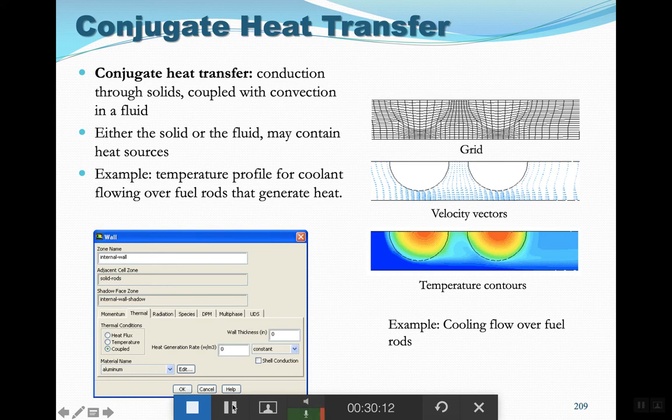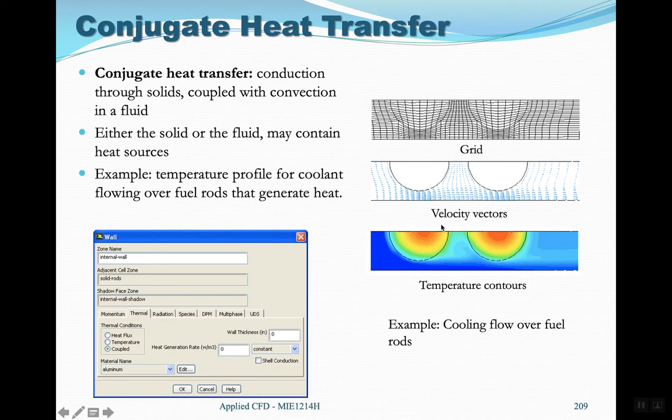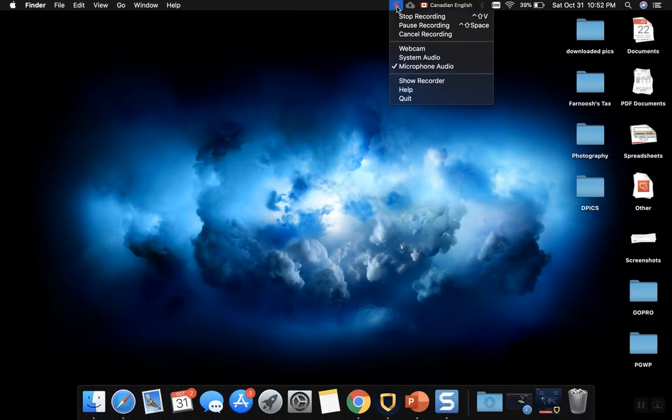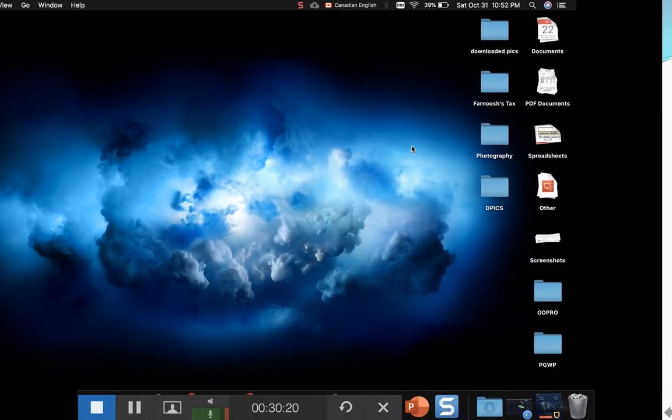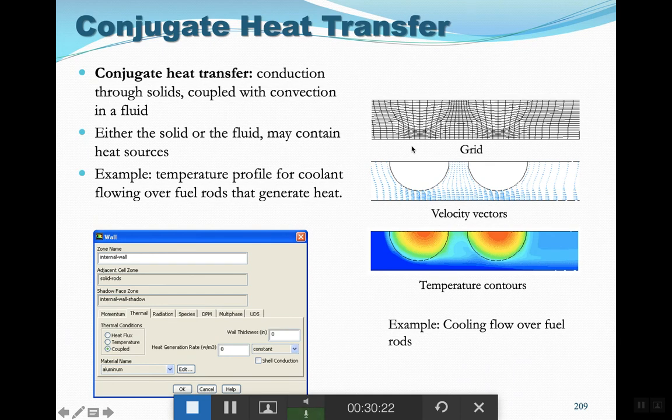So next one is conjugate heat transfer. Conjugate heat transfer is not a category in our heat transfer methods. It is just a combination of some, and we are mentioning it here because it involves solid.